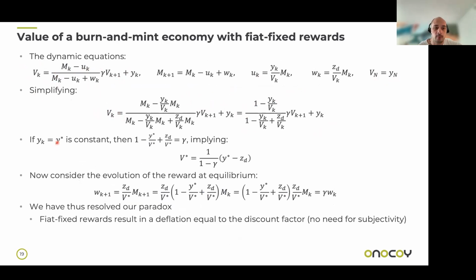And when the revenues are constant, let's just do some analysis and figure out what happens when the incoming revenue is constant. Then this term has to equal gamma. Why? Because if this term equals gamma, this cancels out with this, and you get that VK is equal to this top numerator multiplied by VK plus 1 plus YK.